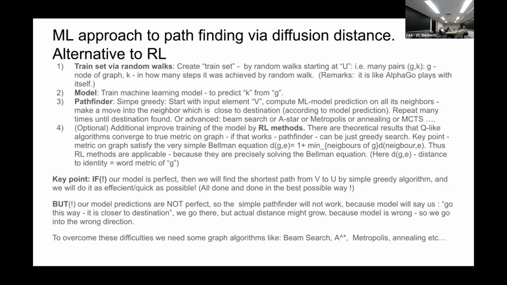Now you can search out in both directions and find two paths of half the length. Okay, I think I need to think on this, but maybe we can also discuss.